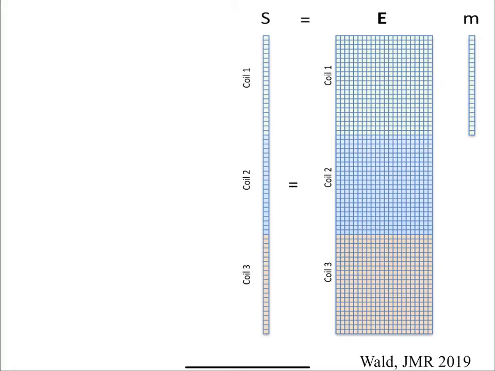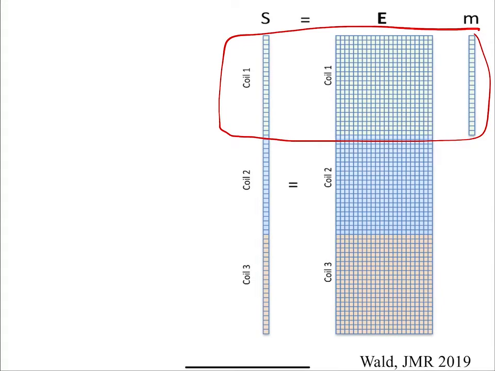So here's the basic idea. Up to now, we've just imagined that there's just one coil. This is the K-space, so we measure K-space. And this is the magnetization that we actually care about, so this is like the M. That's the object we care about.